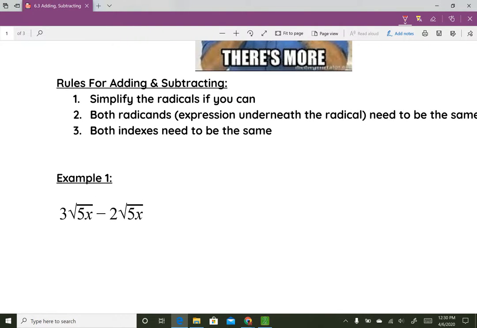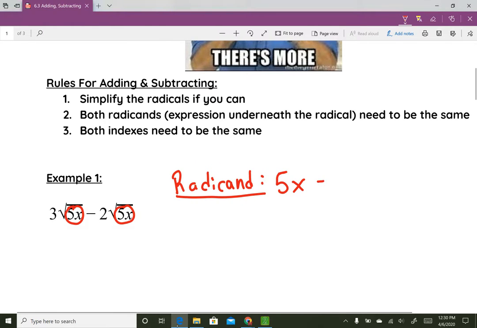What is my radicand for my first example? Well, my radicand is whatever is underneath the radical, which in this case is 5x. Both of them are 5x. This is great for us. We like that. Now let's see what my index is.